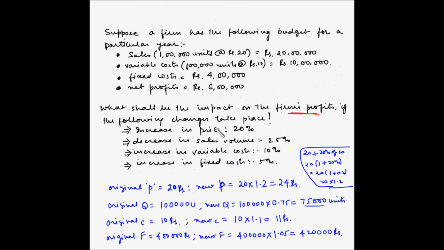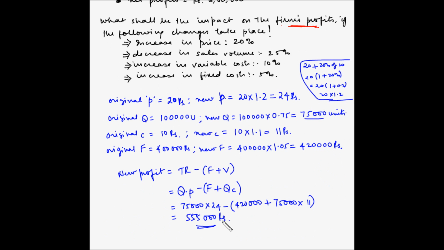Now we have to find out the impact on the firm's profit. So in absolute terms, it is 600,000 minus 555,000, which is 45,000 rupees decrease in the profit. Let's now find out the percentage change.